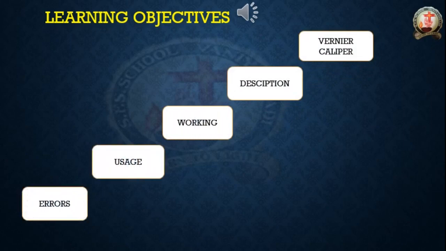In this chapter, today's learning objectives are vernier calipers: description of vernier caliper, working of vernier calipers, usage of vernier caliper, and errors of vernier calipers. So about these concepts today we are going to learn in this class.